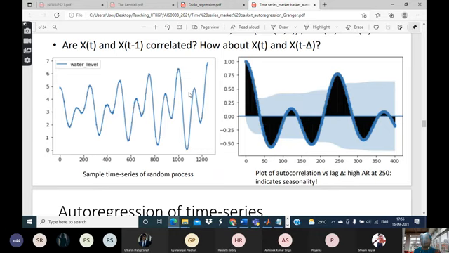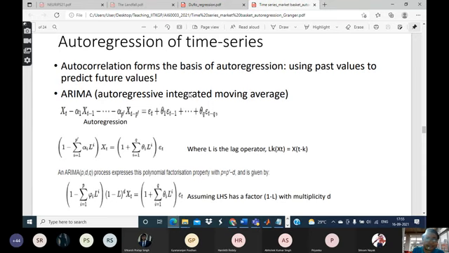Whatever is currently happening, or has happened in the immediate past, is going to have a bearing on the future. So the future values of the variable are dependent on the present and the past. That forms the basis of what is known as the auto regression of time series.